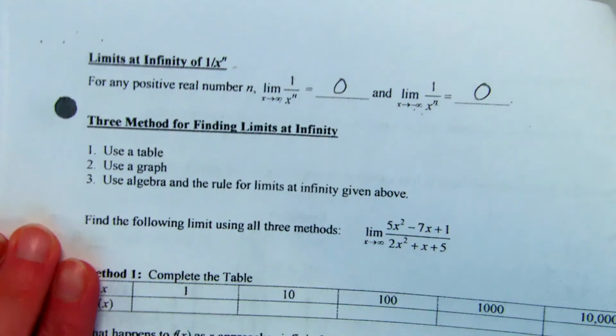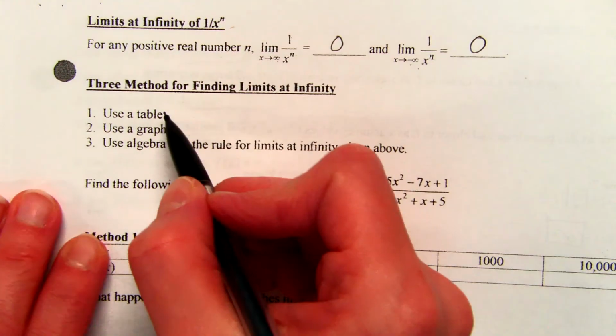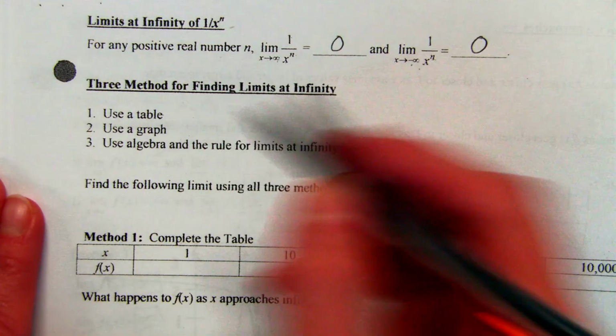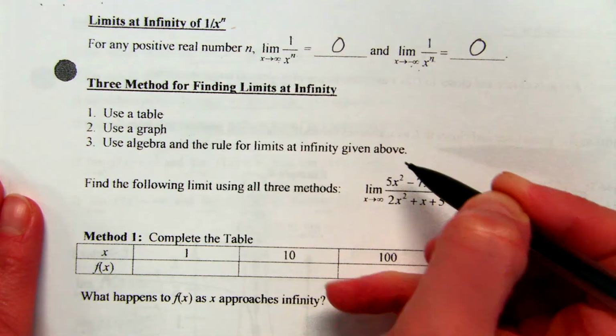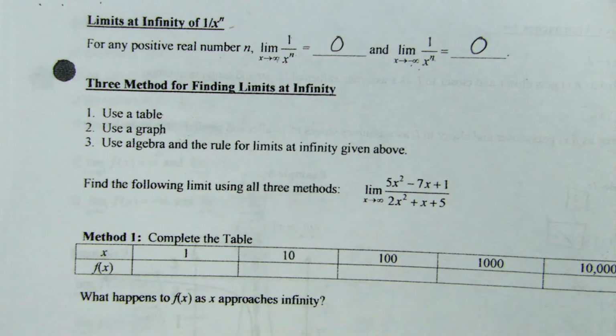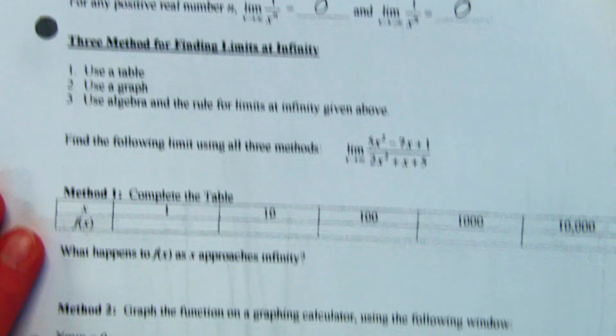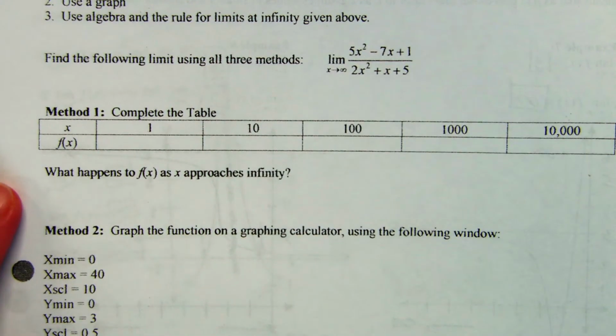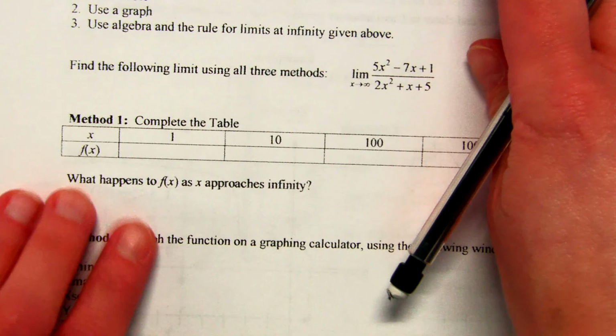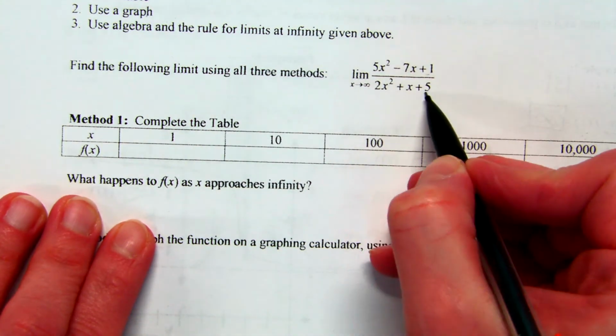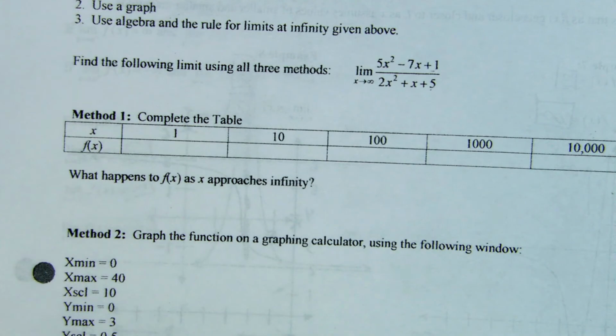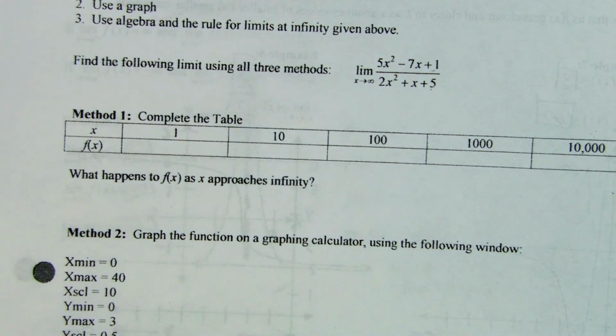All right, so the 3 methods for finding limits at infinity are to use a table, which we'll look at, you can use a graph, and you can use algebra. We're going to look at all of those. This says, find the following limit using all 3 methods. Here's my function, and we're going to put these numbers in first using the table.